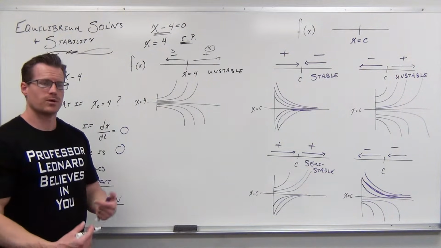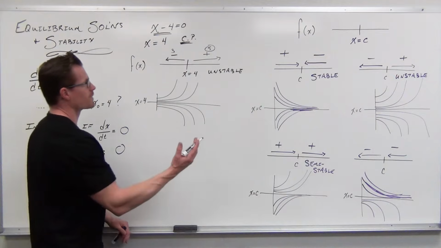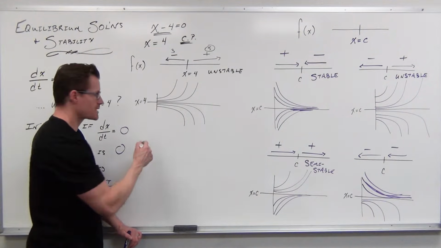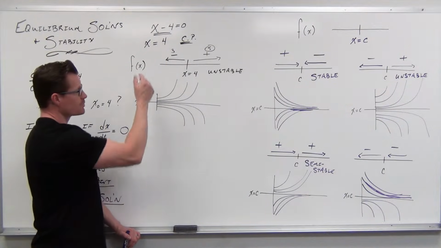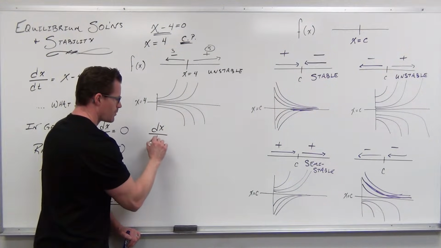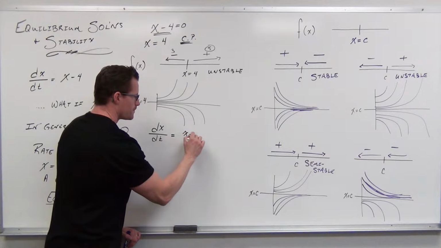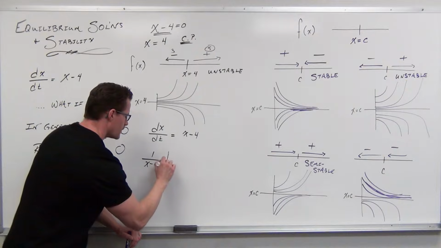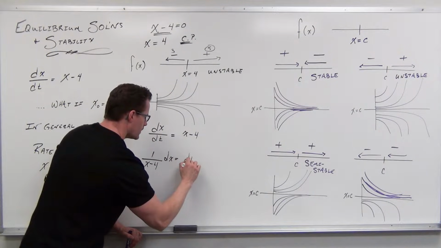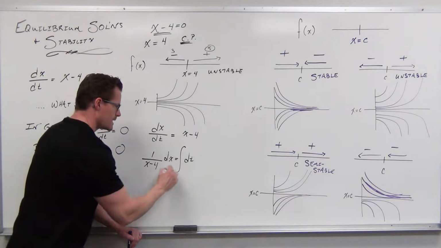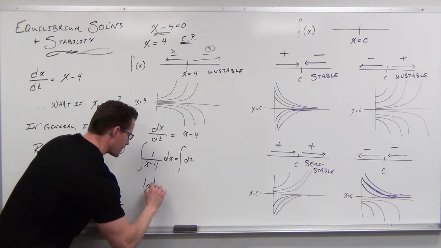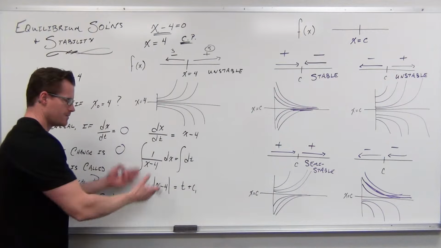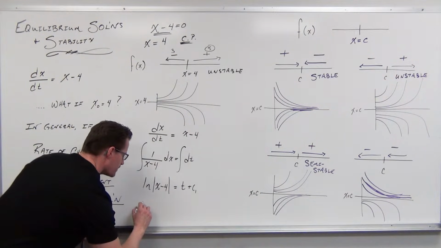Now, can we go a little bit further and actually solve the differential equation? Well, of course we can, and we're going to see why this is the way it is based on our differential equation. Because we have a separable equation here, we get our x's with dx and our constants with dt, and take this integral, and exponentiate on both sides.